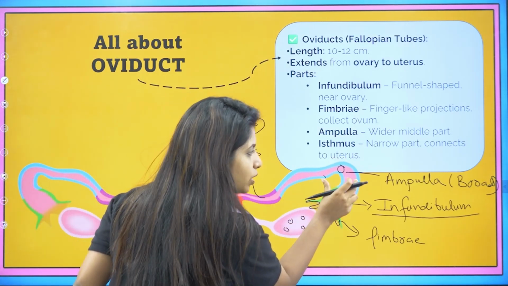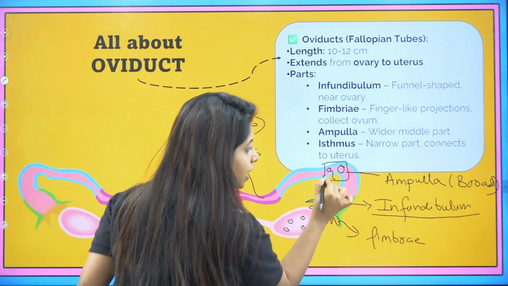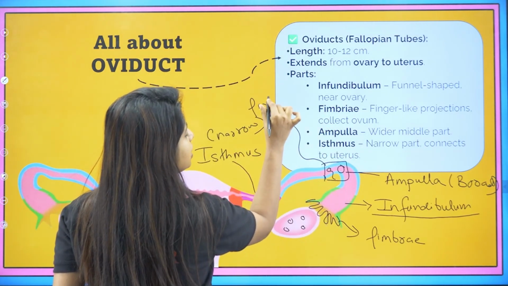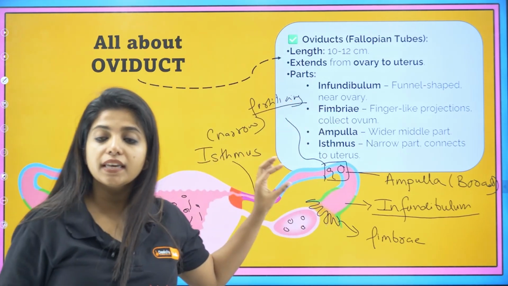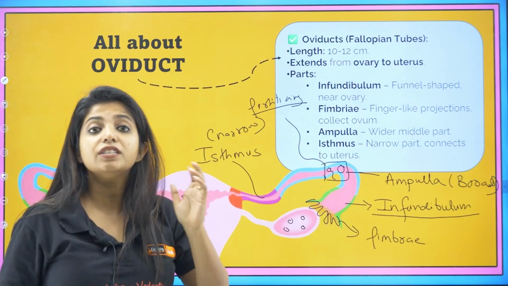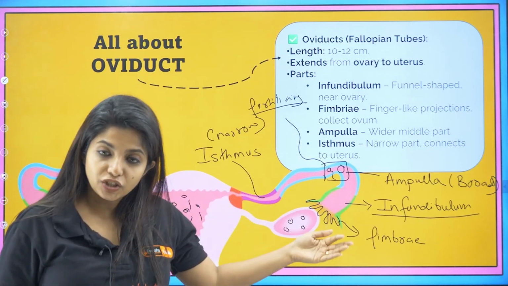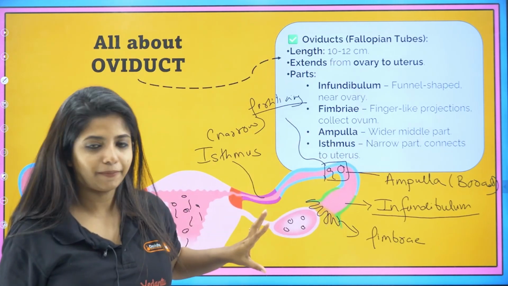To the ampulla. So ampulla is the place where the sperm and the egg cell come together and fertilize. So fertilization happens in the ampullary region. Previously it was said that it happens in the ampullary-isthmic region, but then NCERT changed it to just the ampullary region. So always remember, the egg would be there.